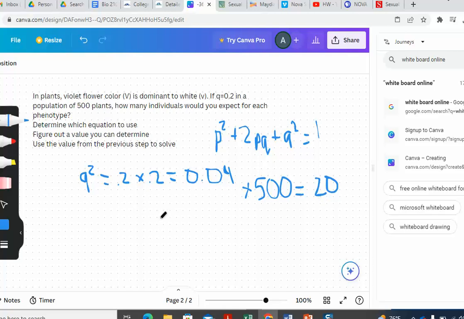That sounds a little bit easier to me. So we have 20 individuals that are white, which means everybody else is going to have violet flowers. That would be 480 individuals with violet flowers.